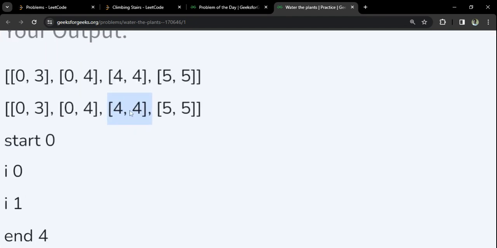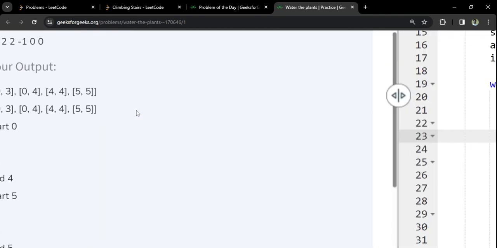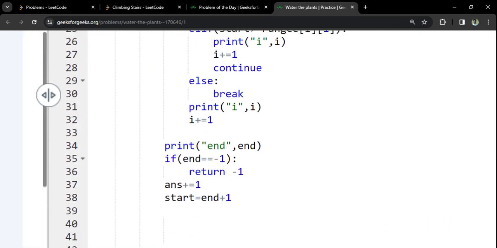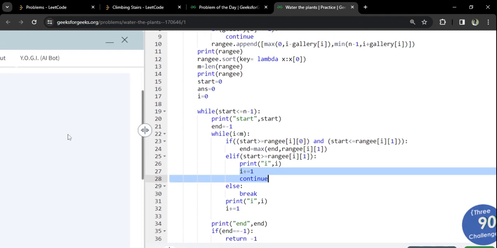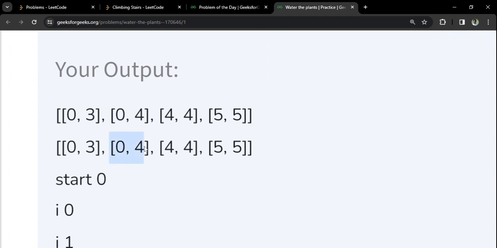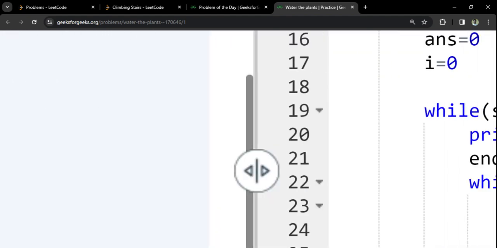But is 5 less than or equal to the end of this? No. So why will this condition fail? Because 5 is not less than or equal to 4. In this case, I will check if start is greater than the range. If it is greater than the range, simply skip it: do I is equal to I plus 1 and continue. Once I take this range, 0 to 4, I need not consider this because 4 is already covered here. As simple as that.